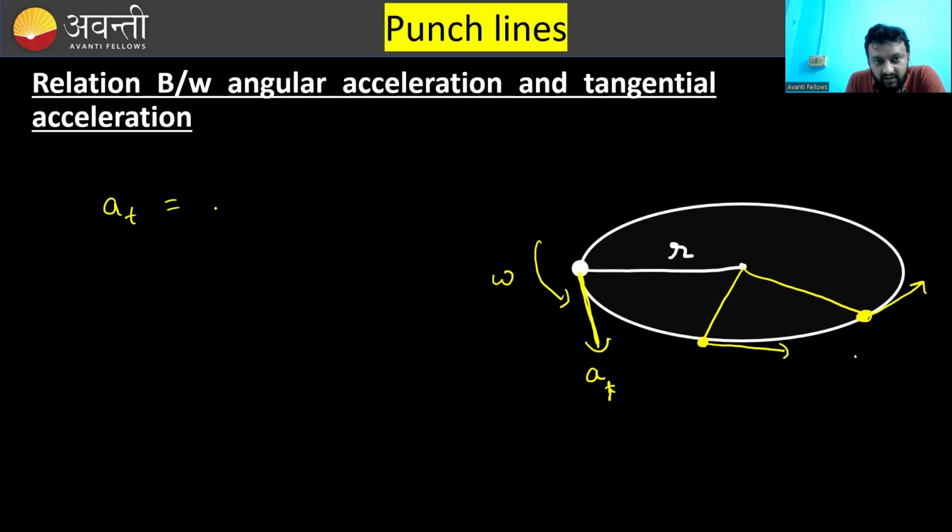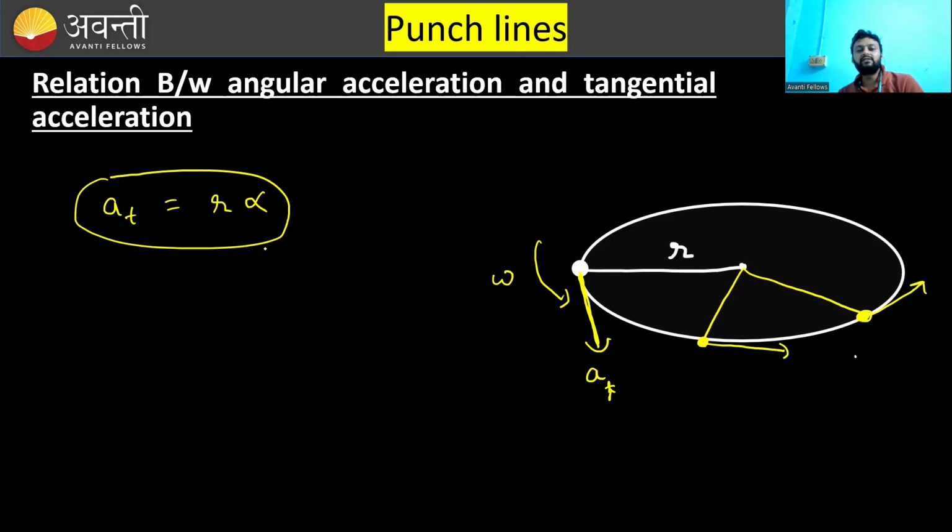Tangential acceleration is r times alpha. R is the radius. Alpha is the angular acceleration. I think you know the terms.